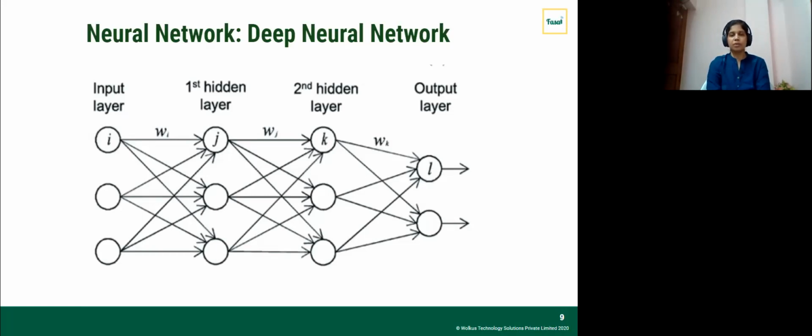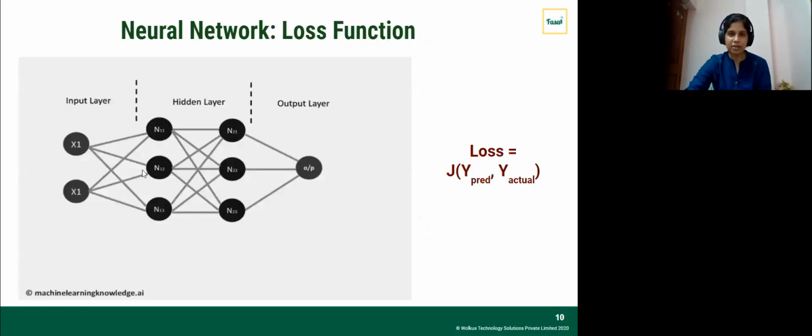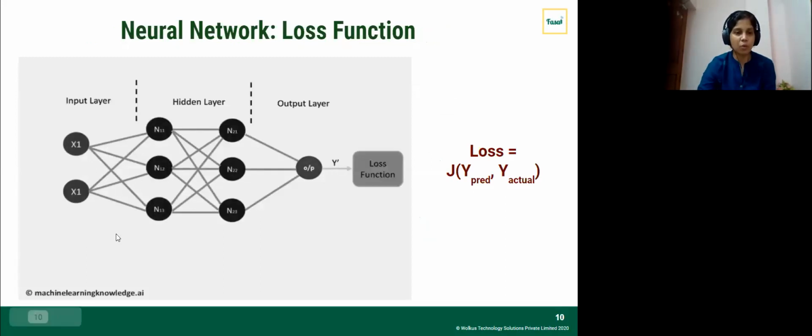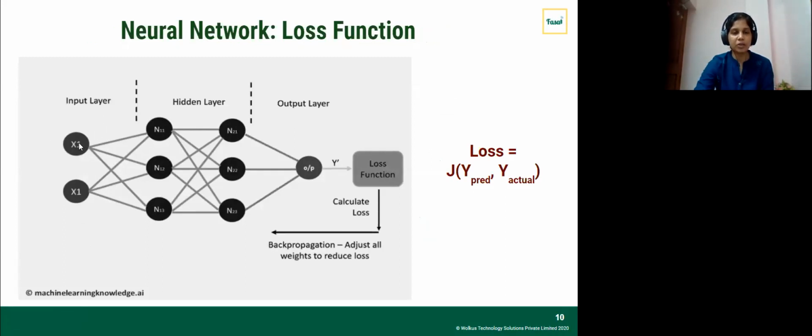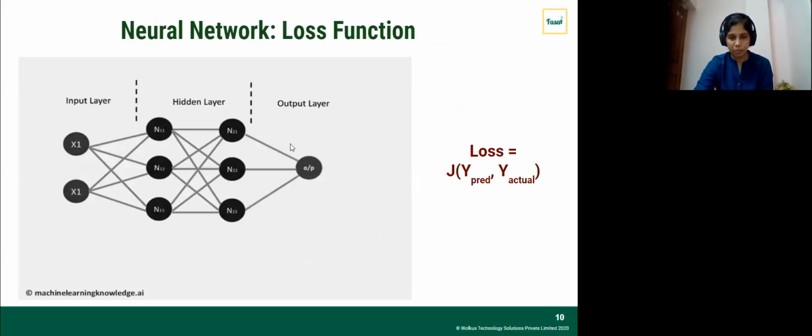Now, the question is, we went through the weights, the biases, the activation function, but how does a neural network actually learn? There are two parts to this. One is the forward pass, where the data moves from the input layer to the output layer. And then there is backpropagation, where you move back from the output layer to the input layer.